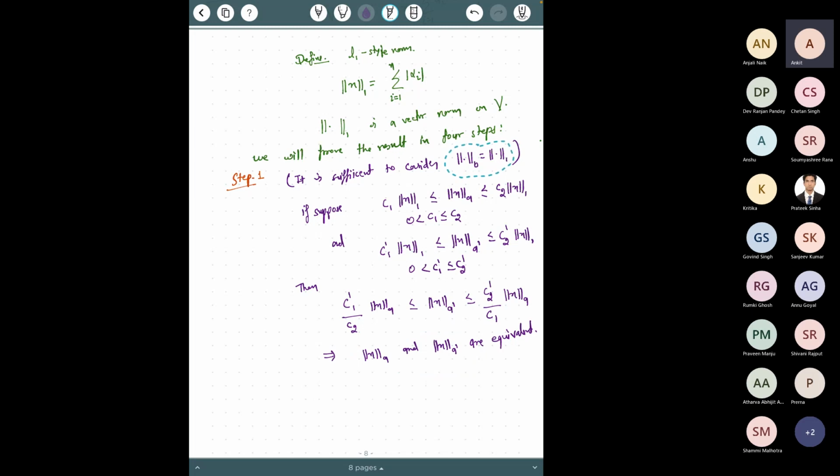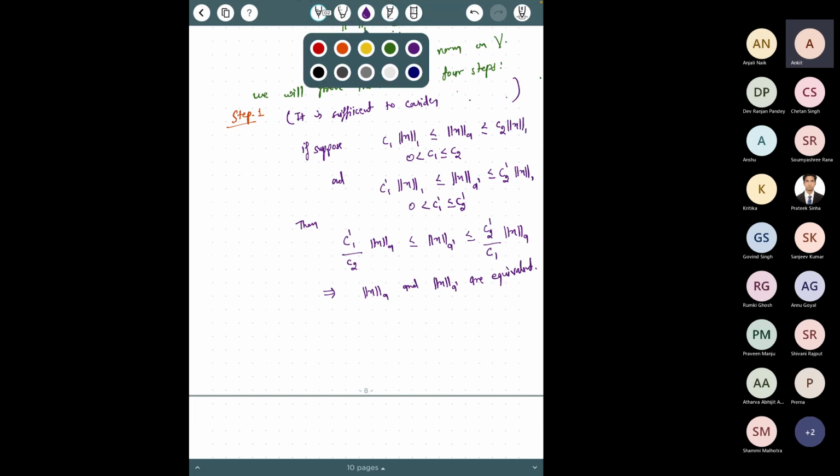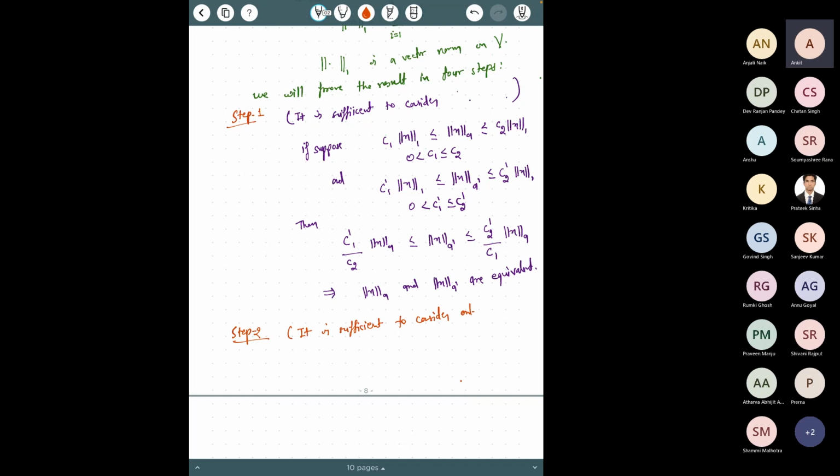Not only this, in step 2 also you can observe that it is sufficient to consider only vectors x with one norm equal to 1.